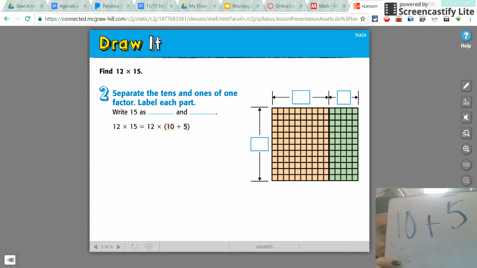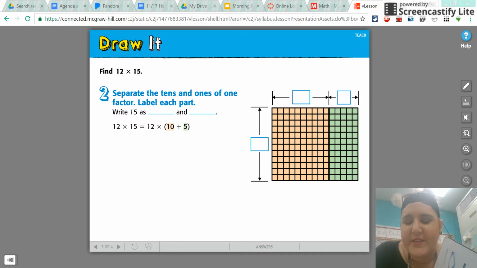Now that's where that colored pencil might come in handy if you want to shade that in a different color. Okay? So they've got the group of 10 right here in that orange color, and then your 5 1s over here. Okay? They've already shaded those off for you. So you have 10 and 5.